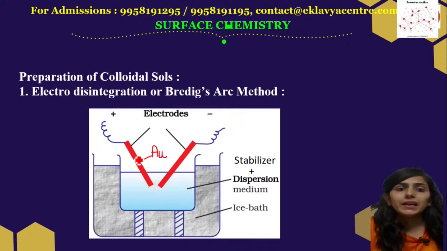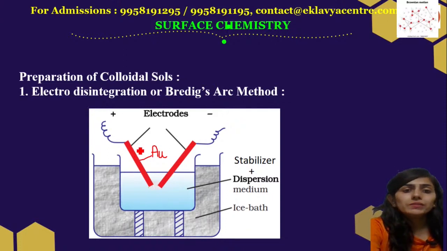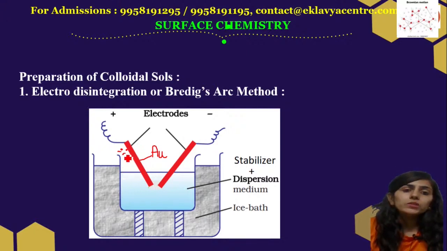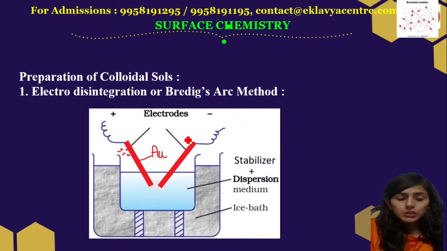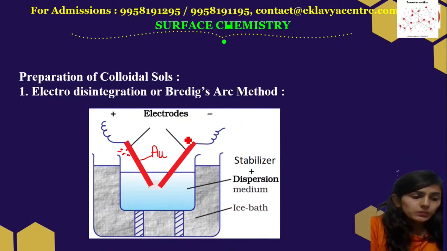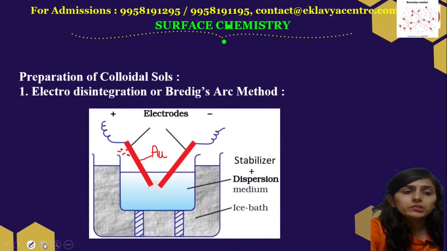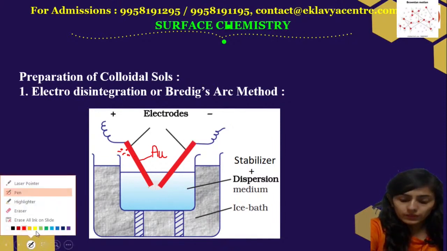Now as you pass electricity and heat this, the gold, Au, will first convert into vapors, and we use an ice bath to condense these vapors further, so that we get back our Au sol. So this method involves dispersion as well as condensation side by side.